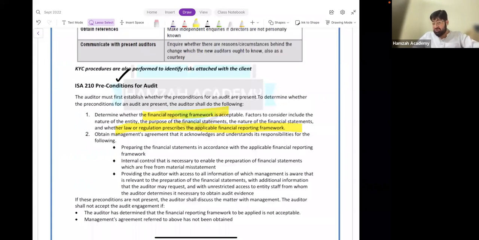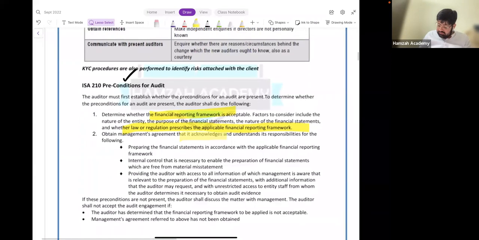So management must acknowledge that they have to prepare financial statements as per IFRS. It is their responsibility, not mine as auditor.